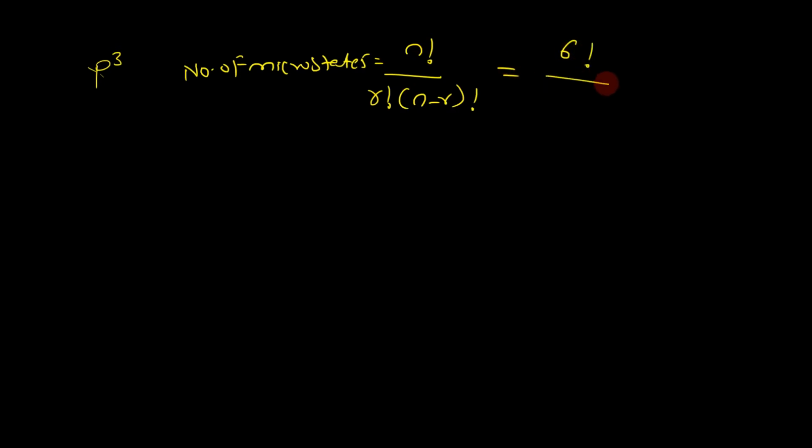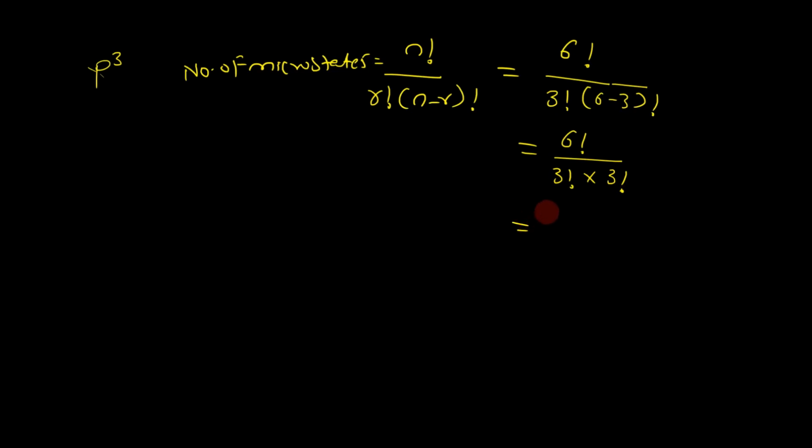So 6 factorial upon r, the given number of electrons, that is 3. So we write 3 factorial, and n minus r is 6 minus 3, that is 3 factorial.